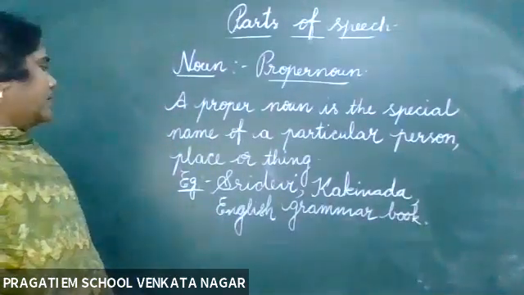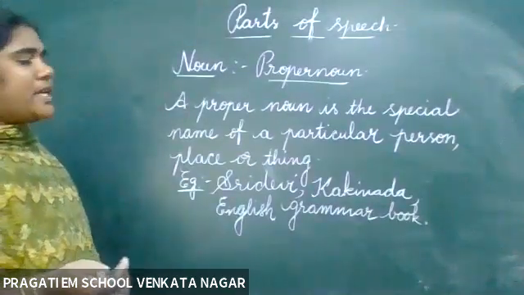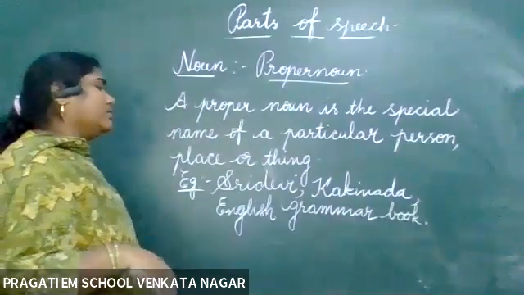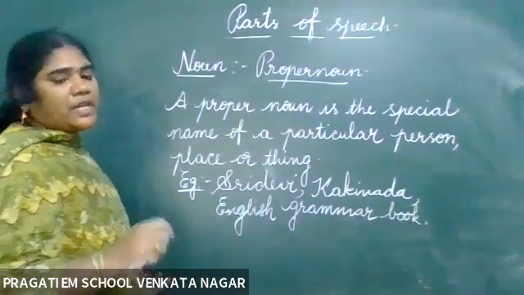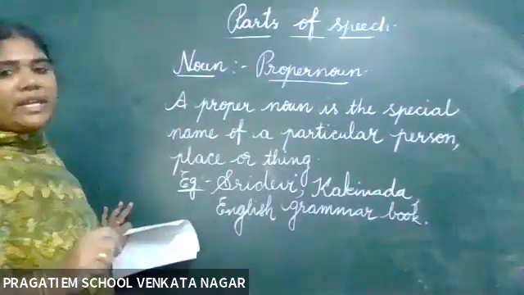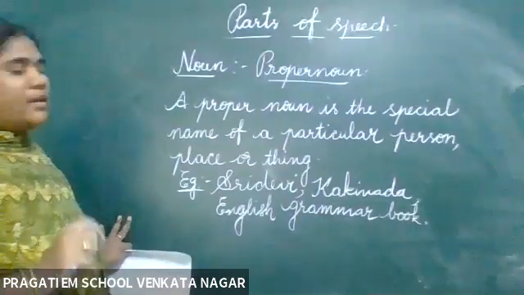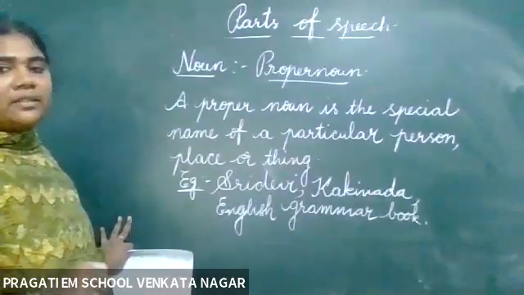Note down everyone. Example, your name, place, where you're staying, you can write the place also. And thing, the things which are having the names. For example, if you write the pen will be having a name. Specific name will be there. With that you have to write it.